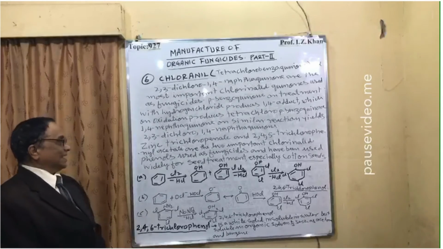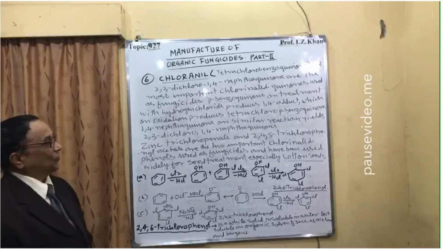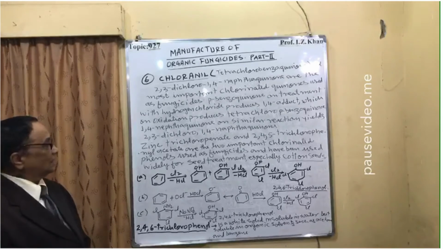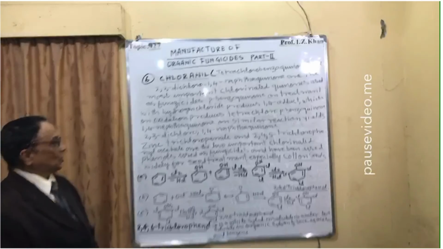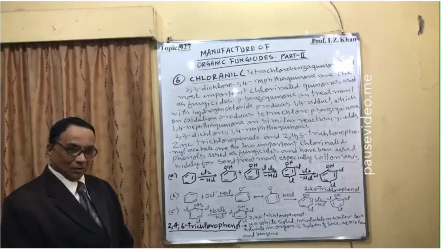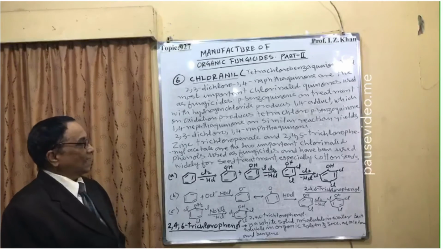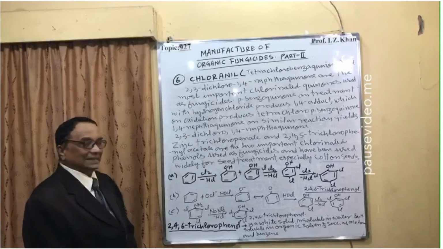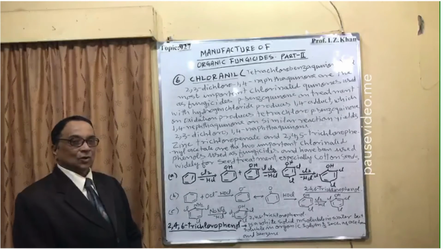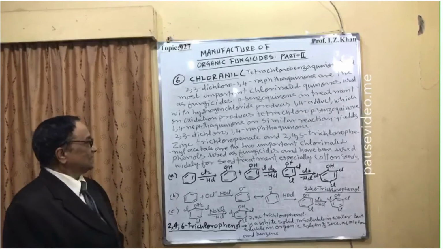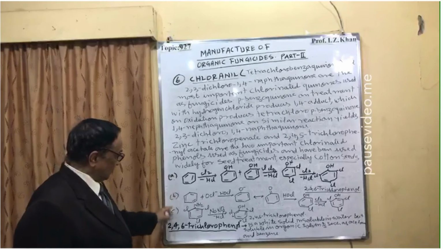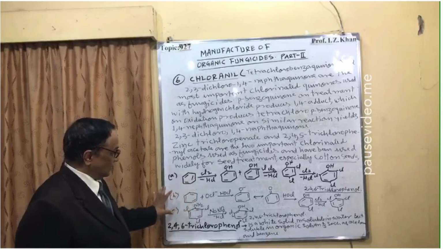Zinc trichlorophenate and 2,4,5-trichlorophenyl acetate are the two most important chlorinated phenols used as powerful fungicides and have been used widely for seed treatment, especially cotton seeds. So cotton seeds are treated with this zinc trichlorophenate.